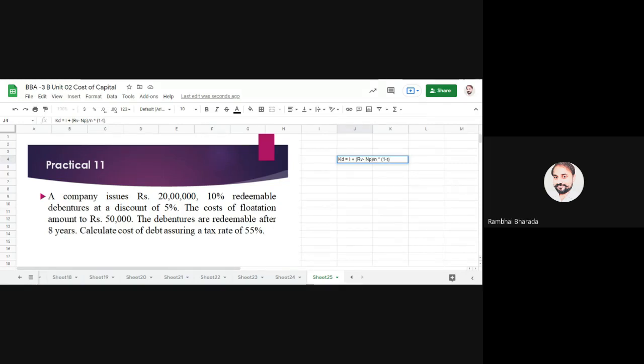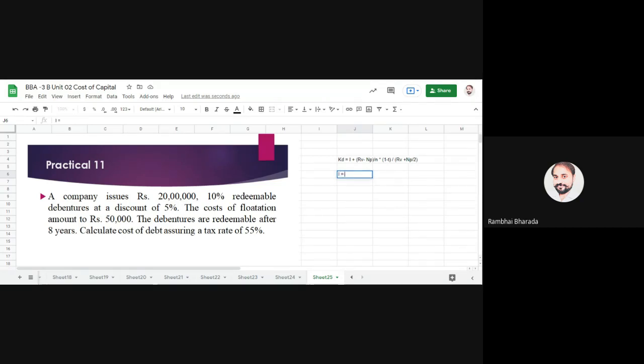Additionally 1 minus t we need to write, and this entire bracket will be divided by RV plus NP upon 2. Did everyone understand the formula? What is the change? Okay, now try to find the values.